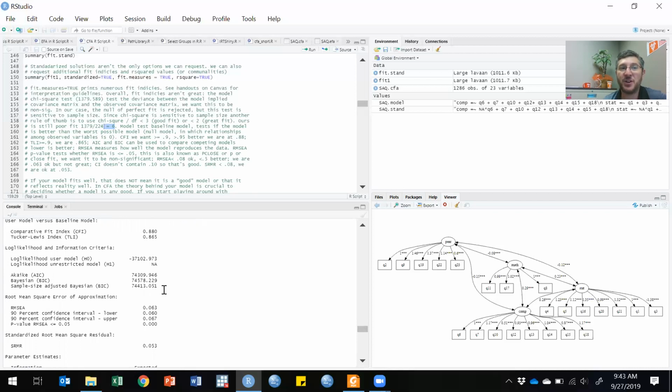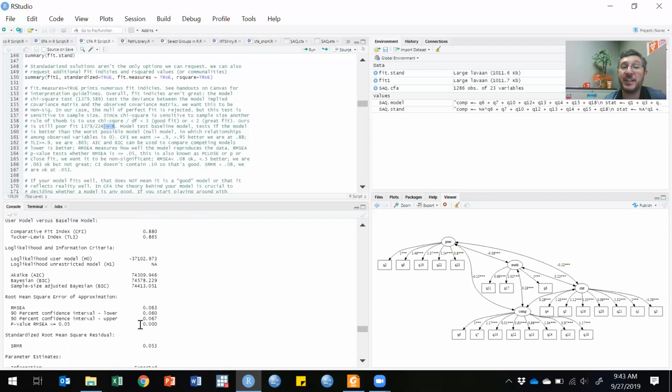The root mean square error of approximation, remember we calculated that in the EFA video too. We typically want it to be less than 0.05. We're right about 0.06. And then we have a p-test testing whether the root mean square error of approximation is less than or equal to 0.05.